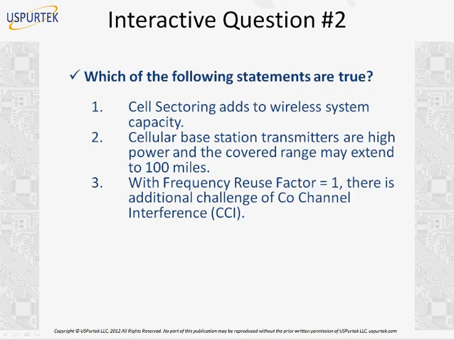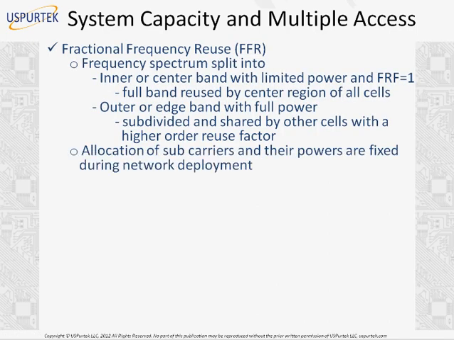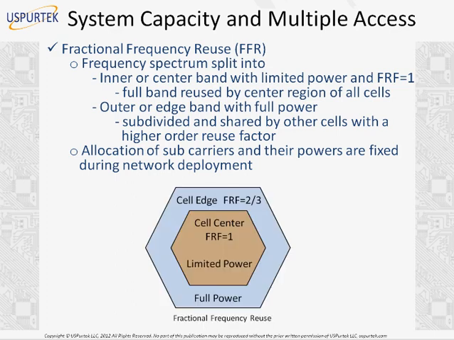Every cell will have the full frequency spectrum allocated, so each adjacent cell will repeat that frequency. You will have multiple signals coming from different base stations, and that will cause co-channel interference. I hope I answered your question. If we use n equal to 1, we'll have co-channel interference because we are repeating a frequency in the adjacent cells. Okay, very good.